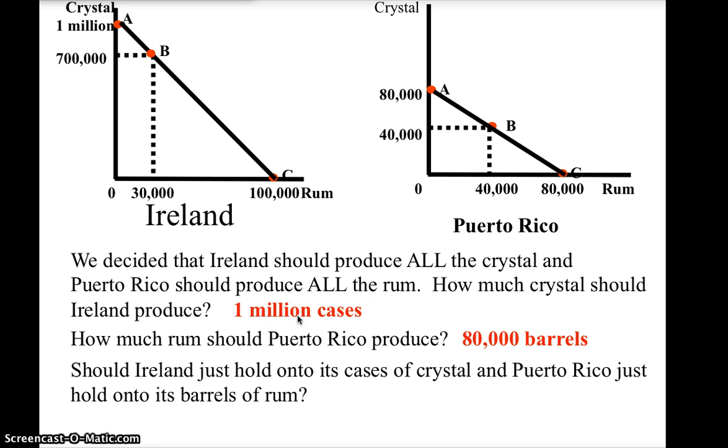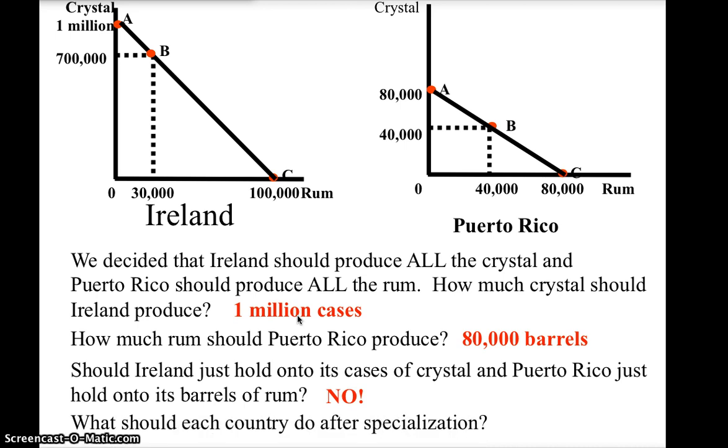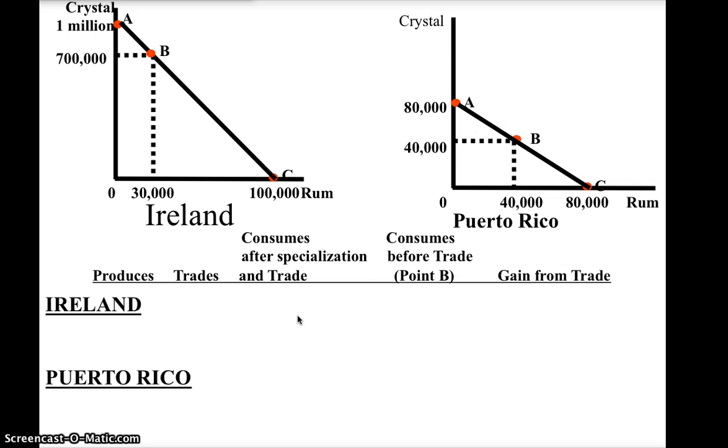Should Ireland just hold on to the cases of Cristal and Puerto Rico just hold on to its barrels of rum? Of course not. They should trade. And what should each country do after specialization? They should trade. So if you look here, we're just going to assume that Ireland takes 175,000 of its bottles of Cristal and sends them to Puerto Rico, and that they import 35,000 barrels of rum.